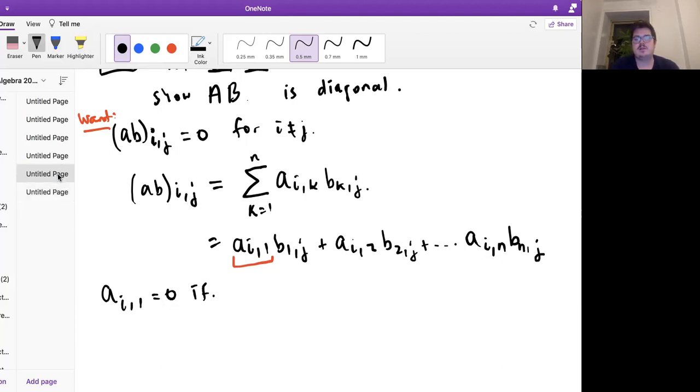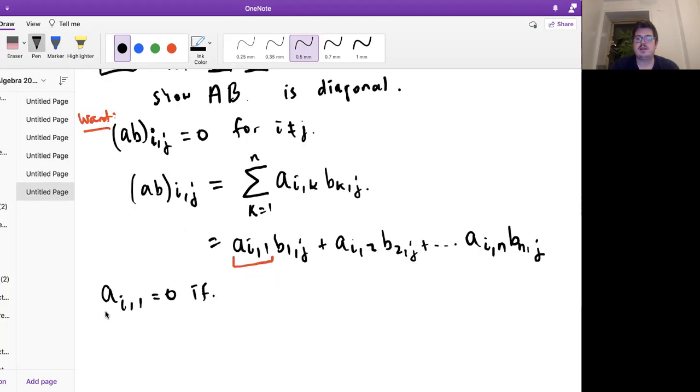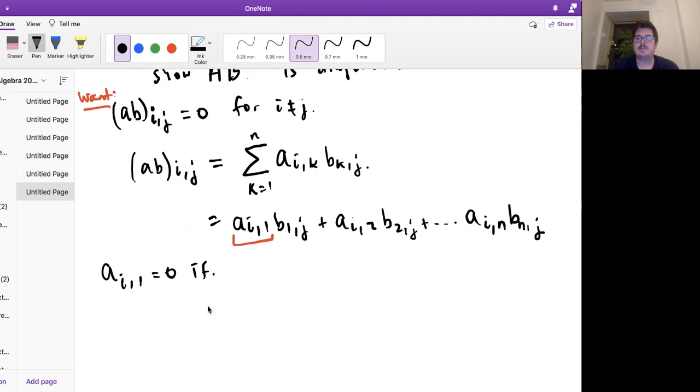So recall, for a diagonal matrix, Aij is equal to 0 if i does not equal j. So ai1 equals 0 when?